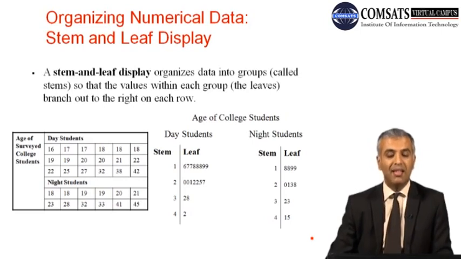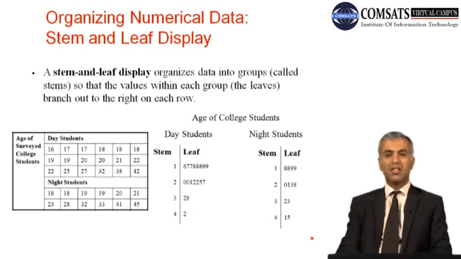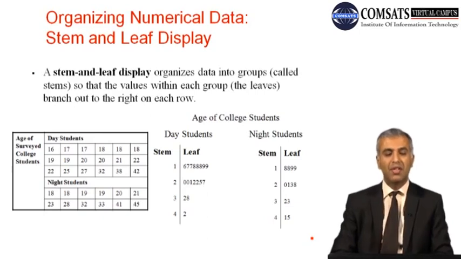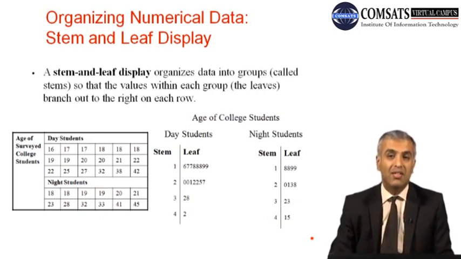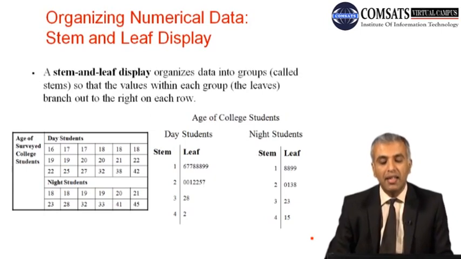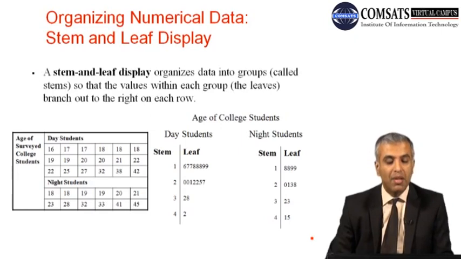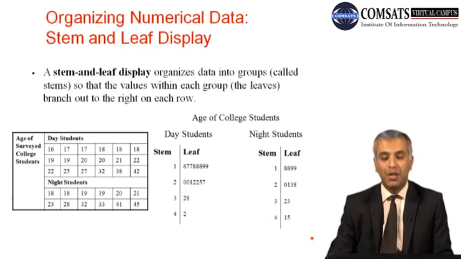So basically we just separate the second digit from the first digit, and the first digit gives us the value of the stem, and the rest of the second digits are just written consecutively in the leaf part. Similarly, for the values in which the stem is 2, the numbers are 20, 20, 21, 22, 22, 25 and 27.